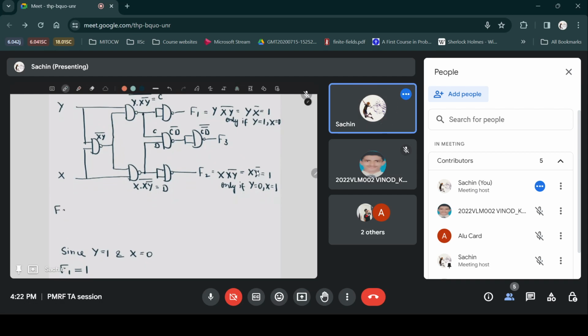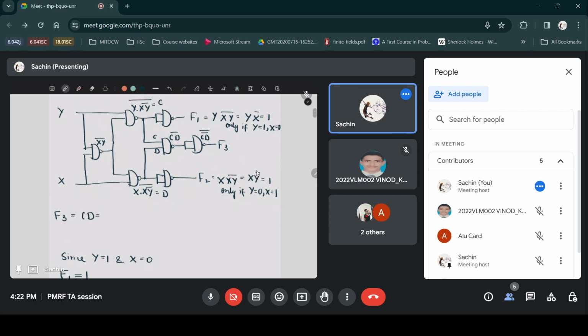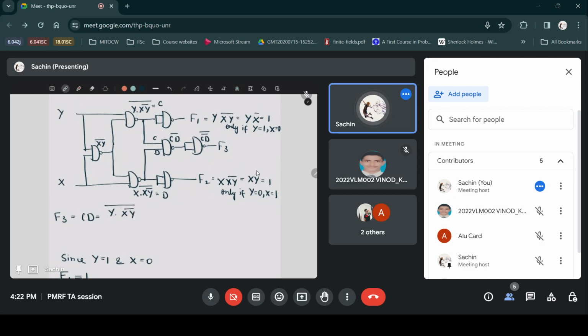So f3 is c d, which is y into x y complement whole complement times x into x y complement whole complement, which is y bar plus x y into x bar plus x y, which is y bar x bar plus y bar x y, which will be nothing but 0, plus x y into x bar will be 0, x y into x y will be x y. So it's x y plus x bar y bar.